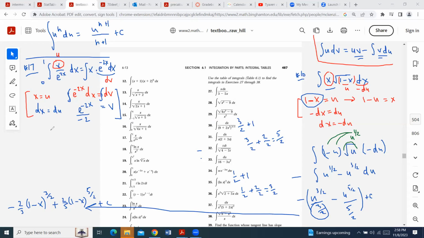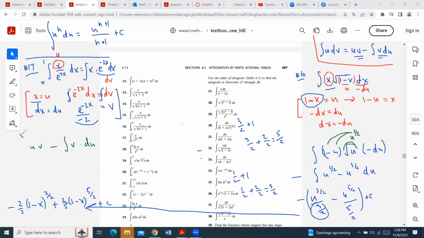And now I'm going to set up this new favorite little structure, u times v minus integral v times du. So we're going to get this u, which is x, and v, which is this fraction.